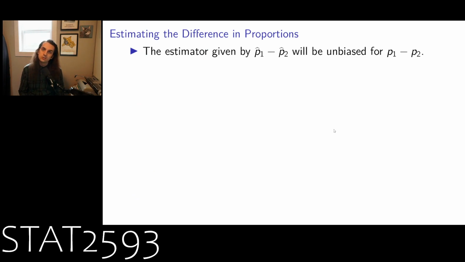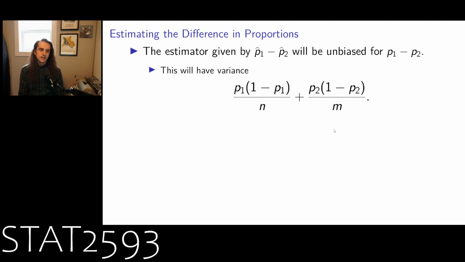Now, we can use the same difference estimator that we might think to use, right? So we know how to estimate the proportion P1. You just take the total number of successes divided by the total number of trials. We know how to do the same thing in our second sample, right? And so then, just like we did with means, we can consider just the differences between those two proportions. If we work that out, the variance will also just be given by the sum of the two different variances, right?